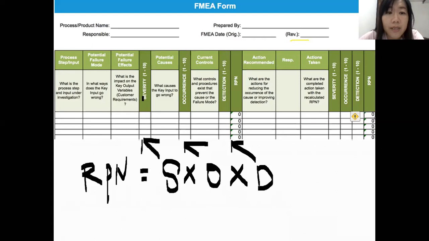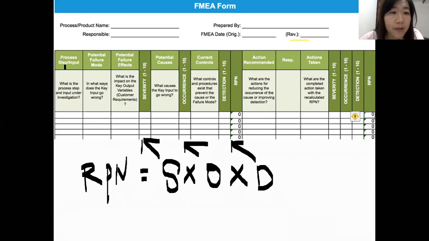Some people use severity, occurrence, and detection from number 1 to 10. 1 is good conditions, 10 is bad conditions, and some of them use 1 to 5. It depends on the reference that you use, but we are going to use 1 to 10.